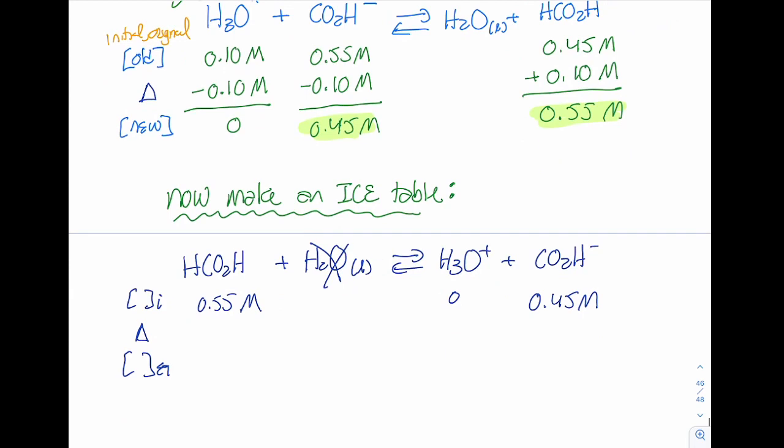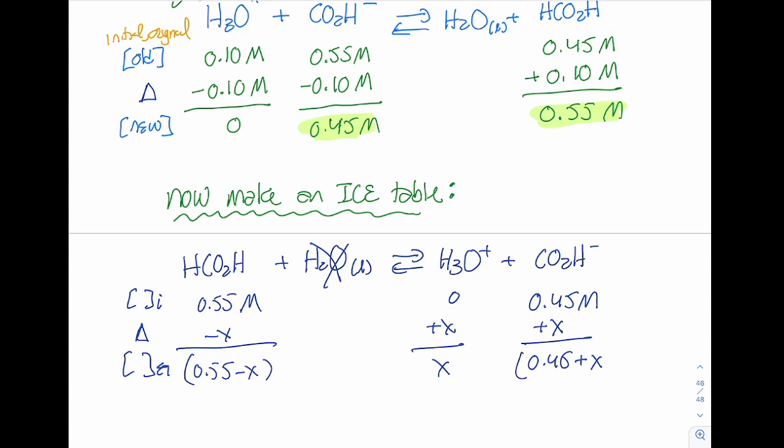And then just the normal, we lose some unknown amount called x, add x, 0.55 minus x, 0.45 plus x. And then we're going to plug that into our equilibrium constant expression.